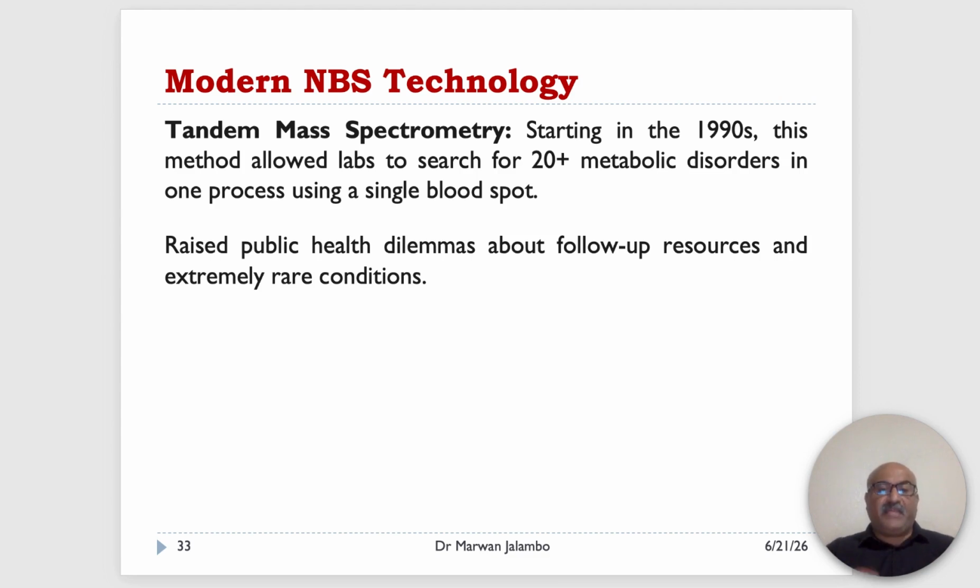Suddenly, from the exact same single blood spot, machines could screen for over 20 different metabolic disorders simultaneously. While technologically amazing, it raised complex ethical dilemmas. Should we mandate screening for extremely rare conditions if we don't yet have effective treatments for them?